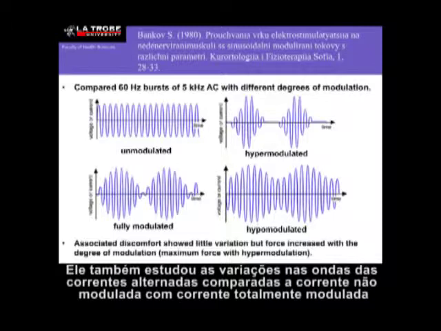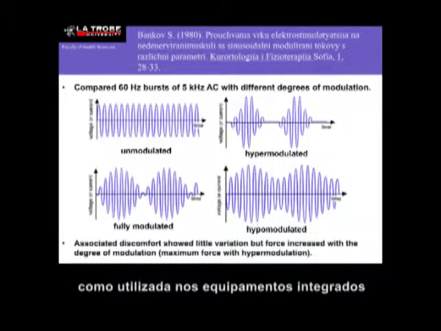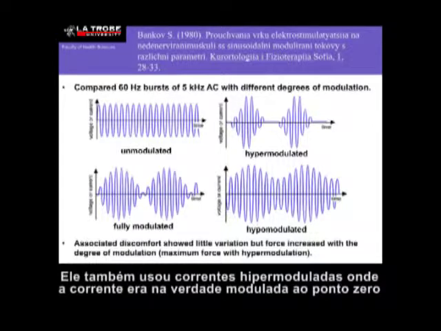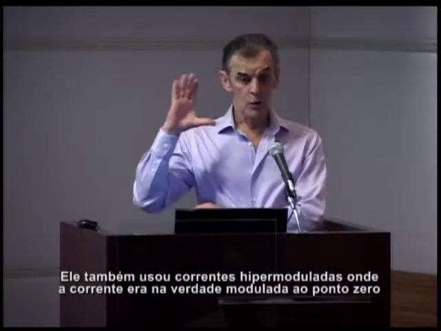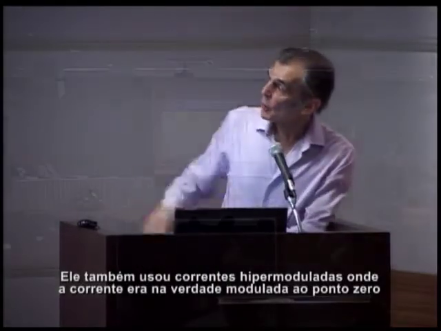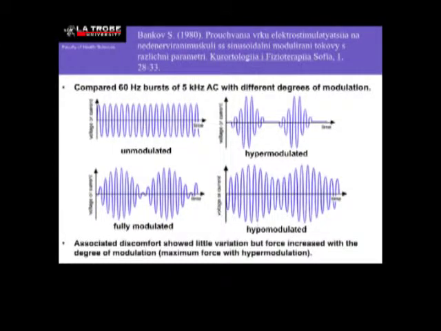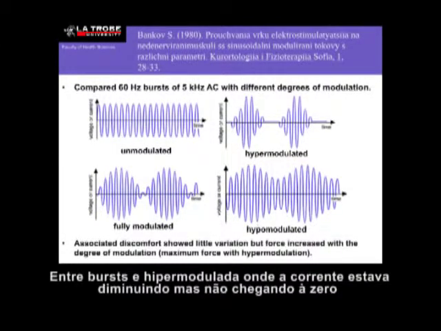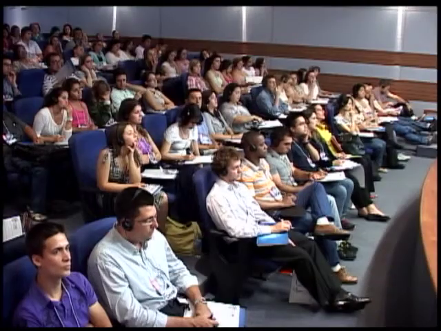He also studied variations on alternating current waveforms, comparing unmodulated current with fully modulated current, as used in interferential machines. He also used hypermodulated current, where the current was modulated to the point where it was zero in between bursts, and hypomodulated, where the current was decreasing but not decreasing to zero.